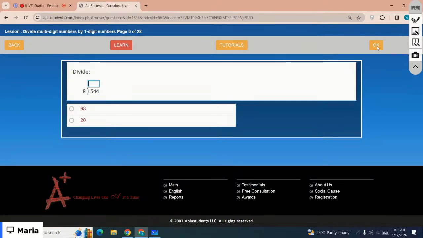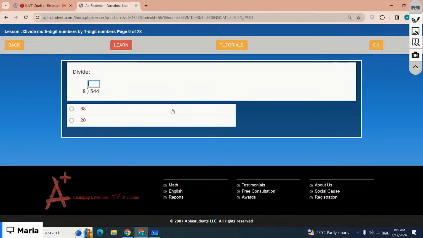The next one is 544 divided by 8, which is the correct option.